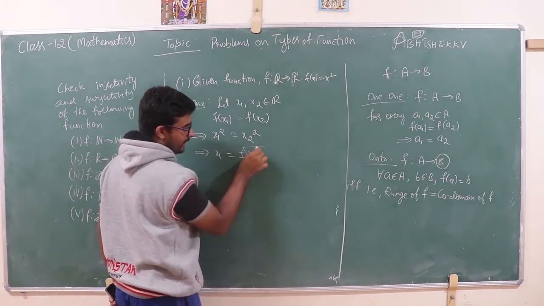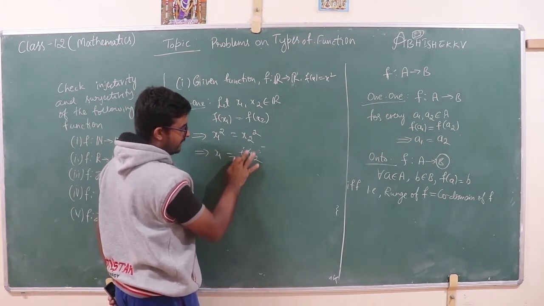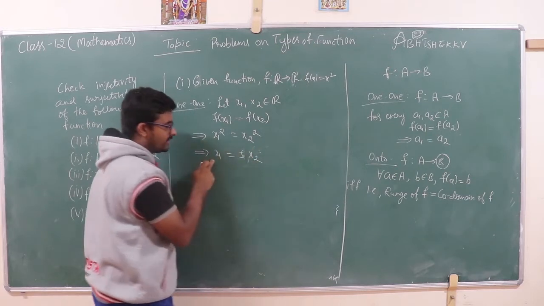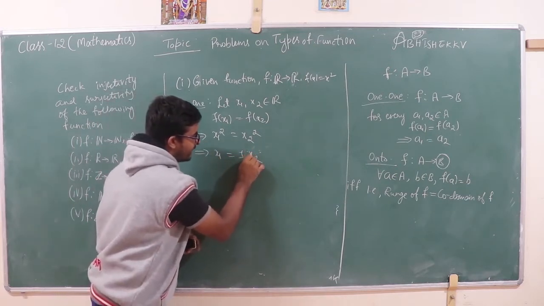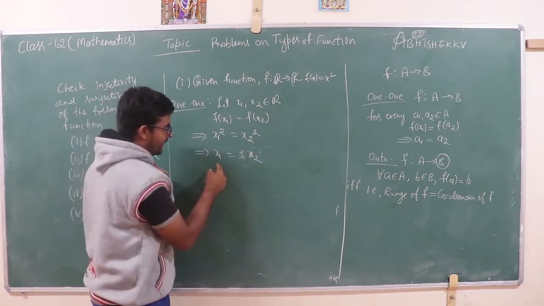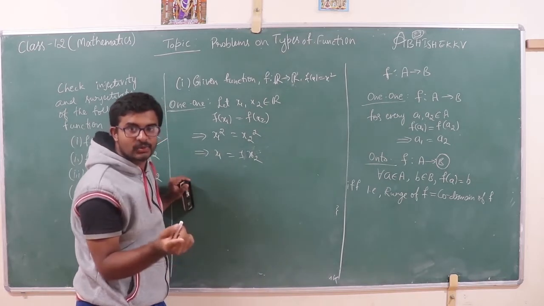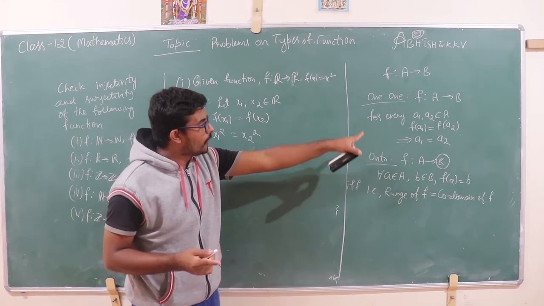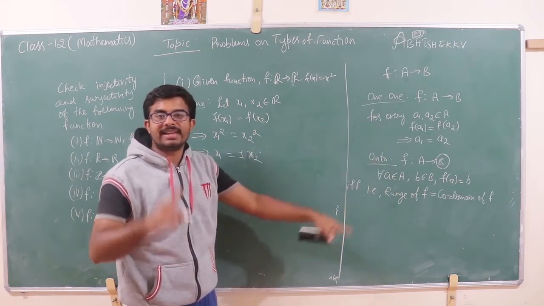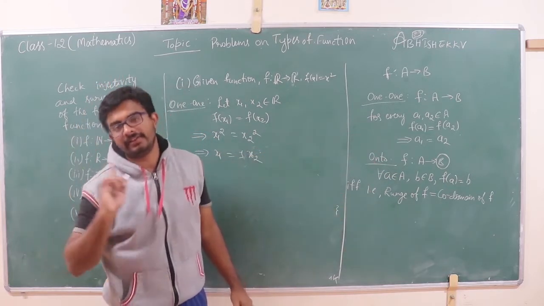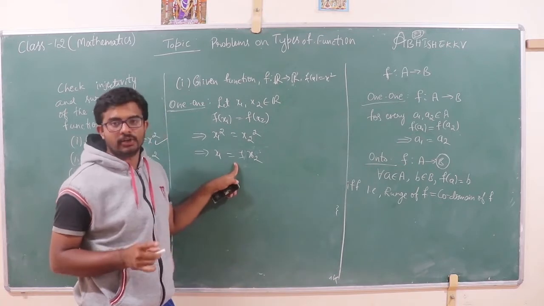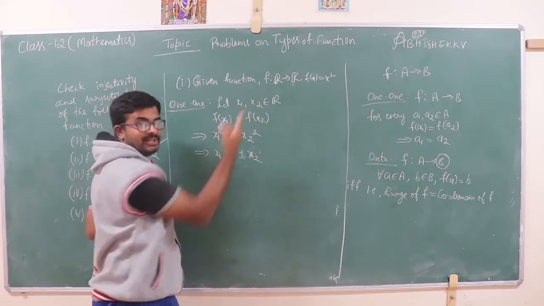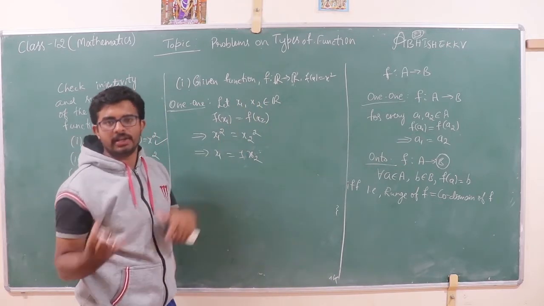Here we are getting x1 equal to plus x2 and x1 equal to minus x2 also. According to the definition, f of a1 equal to f of a2 implies that a1 should be equal to positive a2 only. Here we are getting the negative values because minus x2 belongs to the real numbers. Real numbers contain both negative and positive.